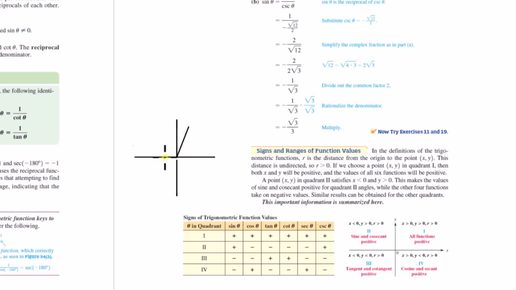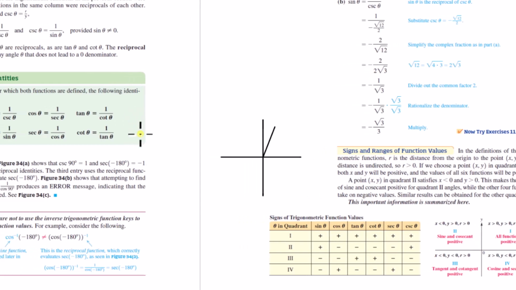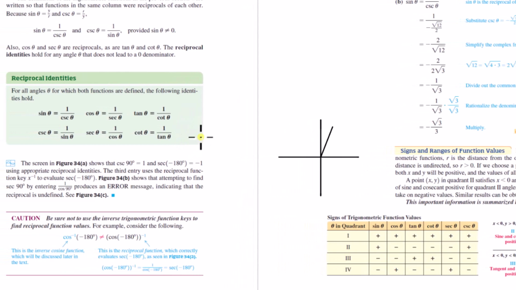If you're approaching the negative or the positive horizontal, it's the y value that's going to 0. And so whatever trig function has the y or the x value in the denominator, depending on what the quadrantal angle is, is going to be undefined. But other than that, if you're not dividing by 0 at a quadrantal angle, then you're going to be defined.